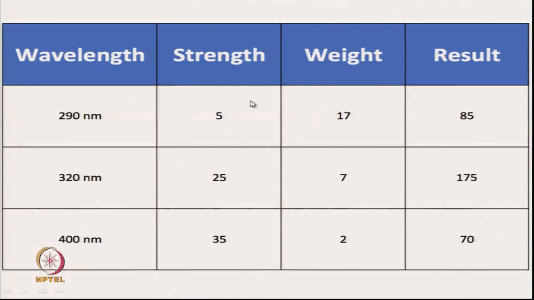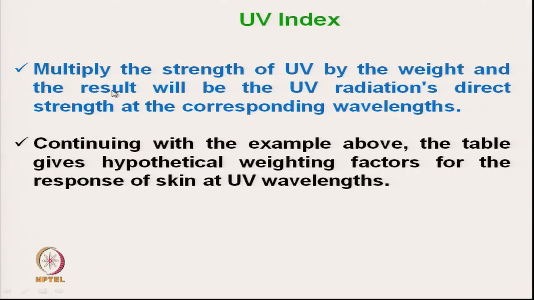So, the effective result of wavelength 290 nanometer on the human body or other environment is 85. For 320 nanometer it is 175, for 400 nanometer it is 70, and if we simply add all of these, we will get the total cumulative effect. So, multiply the strength of UV by weight and the result will be the UV radiation's direct strength at that corresponding wavelength.